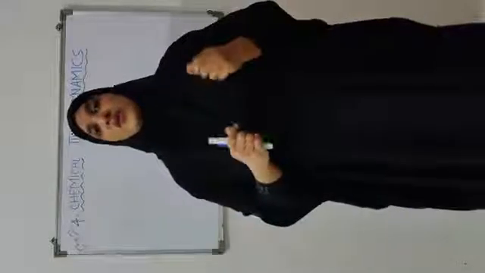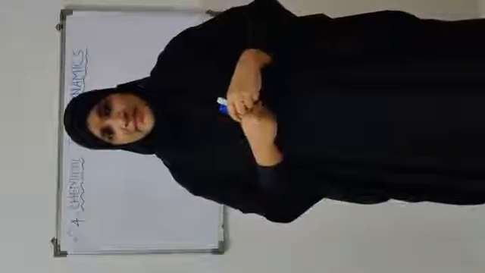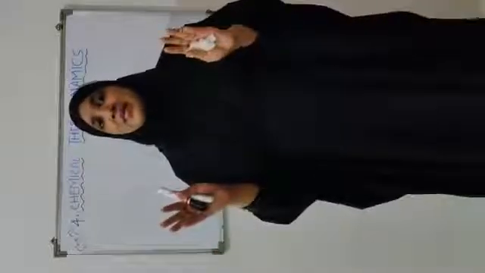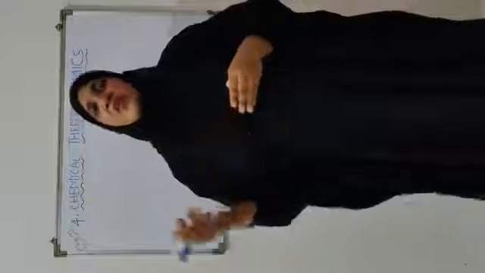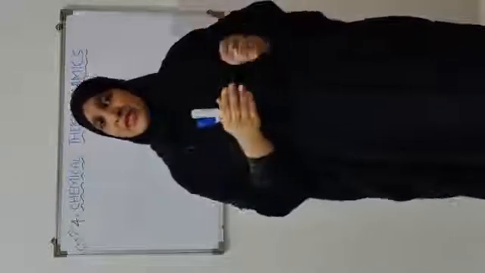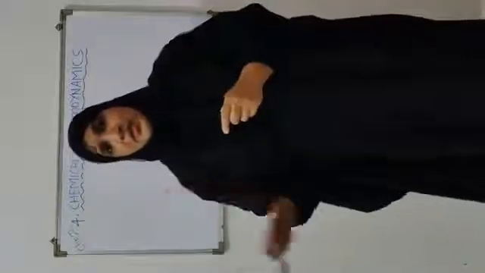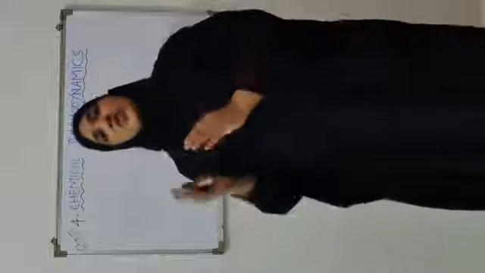When we observe a chemical reaction, suppose you are doing an acid-base reaction, what happens? Acid and base, when they react with each other, will produce salt and water. Now what has happened? Acid was a liquid, and base was a liquid, and this product, which is salt and water, is also a liquid.